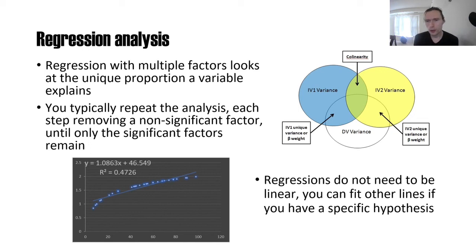Now, as I alluded to before, a regression doesn't necessarily need to be linear. For example, in this case, we see that all the dots follow a certain curved line. Now, when we do a linear regression analysis, we again see that this linear line explains 47% of those dots.